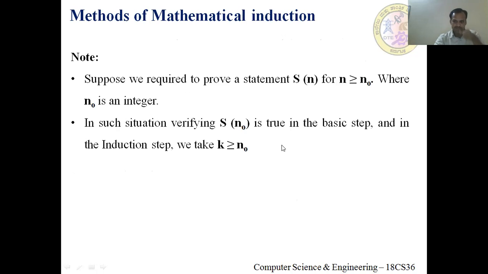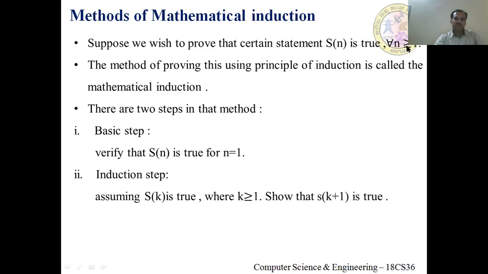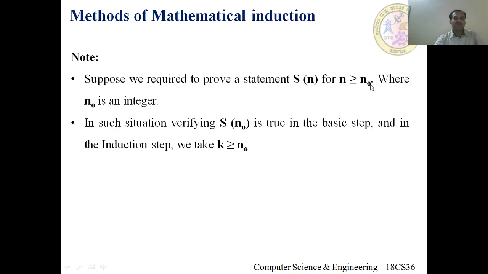Sometimes your open statement or any problem that is given need not be true for n greater than or equal to 1. Sometimes it is true for values other than n greater than or equal to 1 also. It is not necessary that it is always n equal to 1. Sometimes your problem may be stated based on n other than n equal to 1.